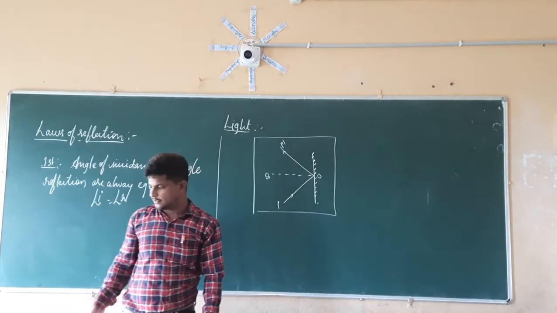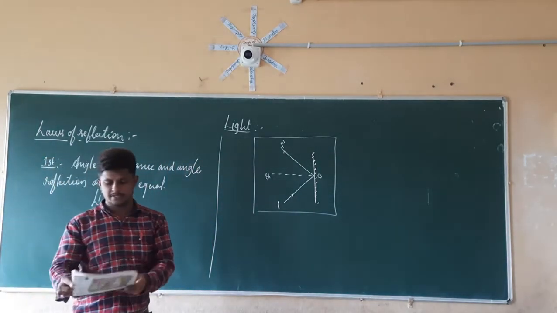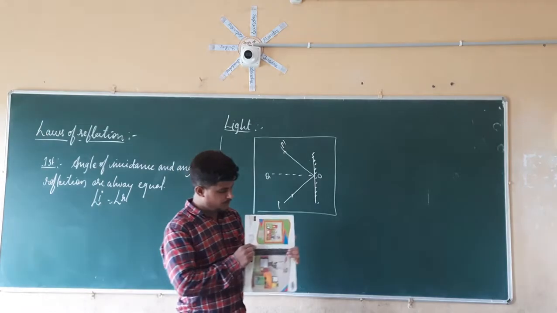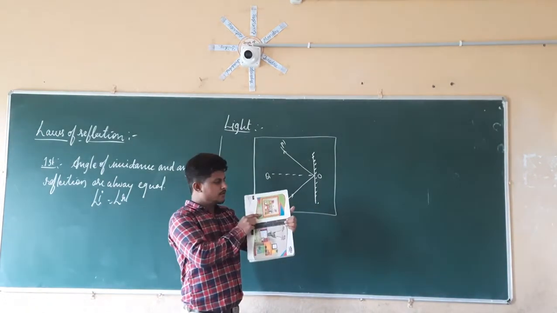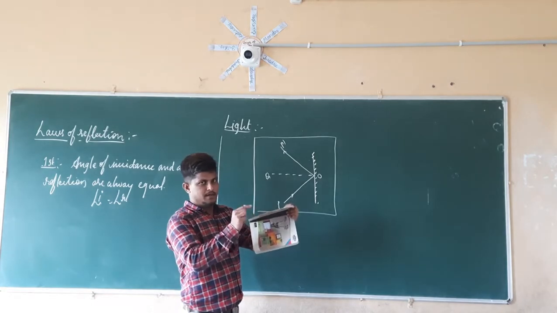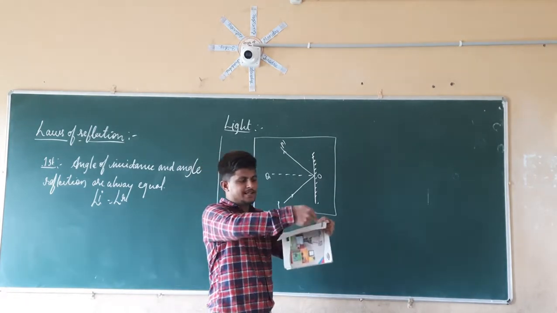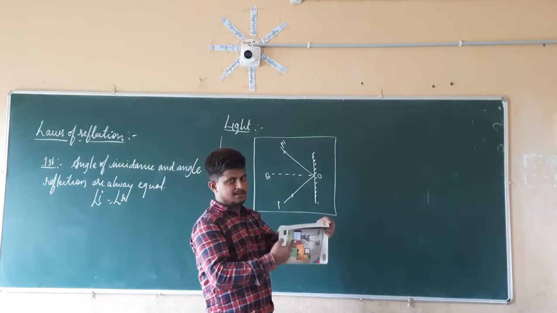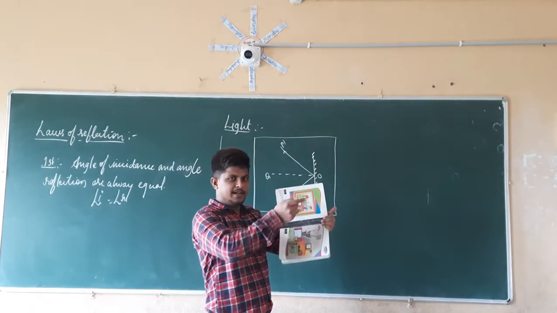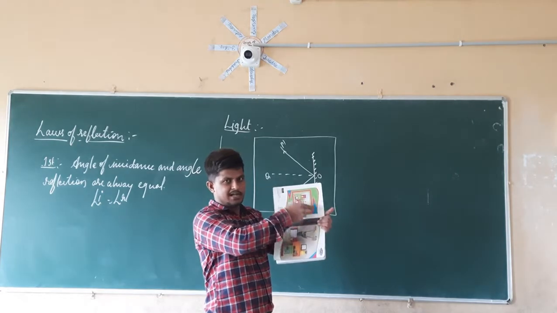If you check this book here, we are getting the reflected light ray here. We fold that paper, and again it is possible to see the reflected light ray. Again we unfold it, and again we see the reflected light ray here.